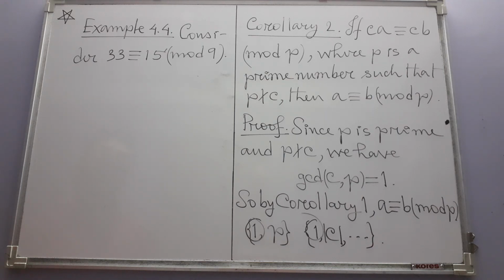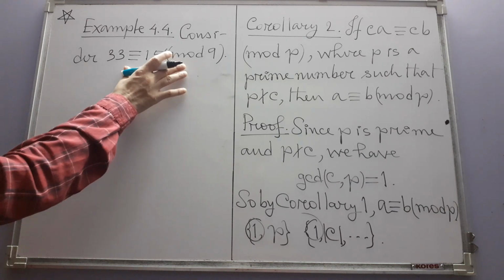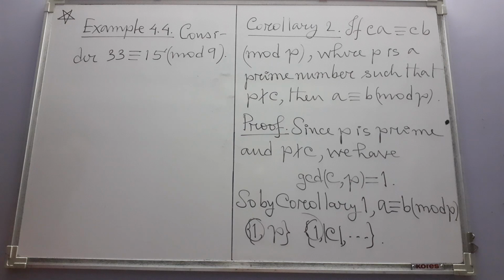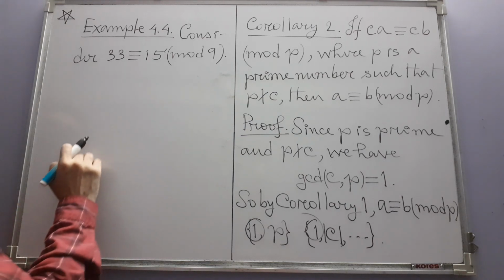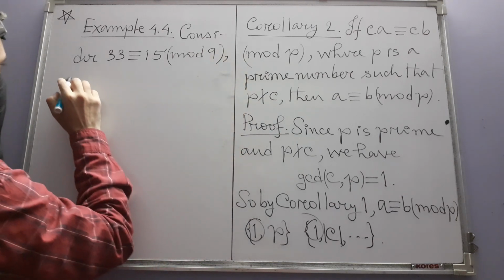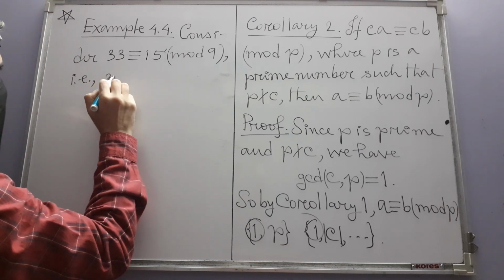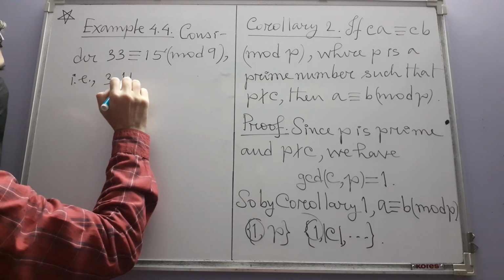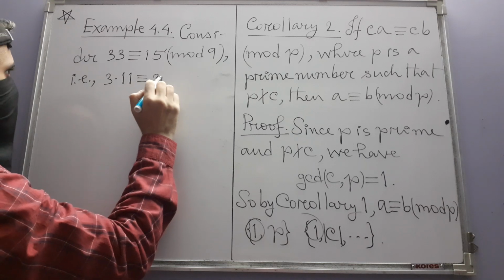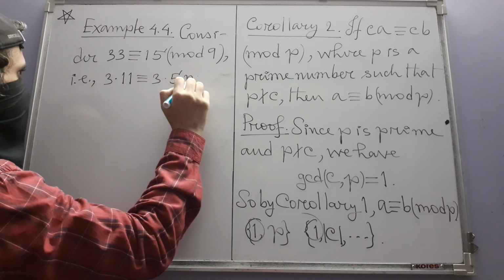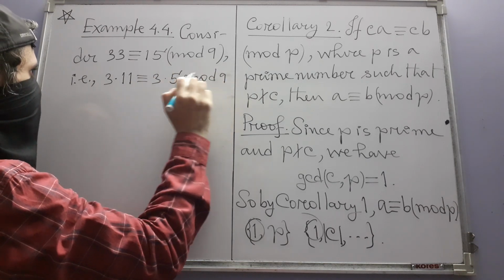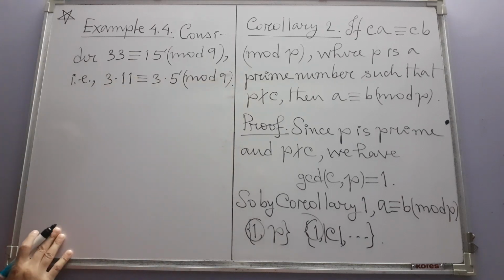What is the difference between 33 and 15? 18. And 18 is divisible by 9, so that means this congruence is correct, it's true. But you can of course rewrite it like this: 3 times 11 is congruent to 3 times 5 mod 9.